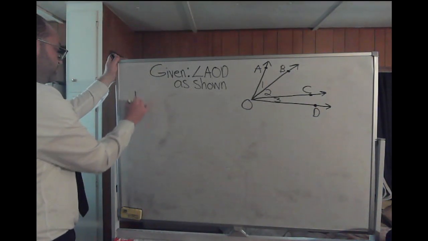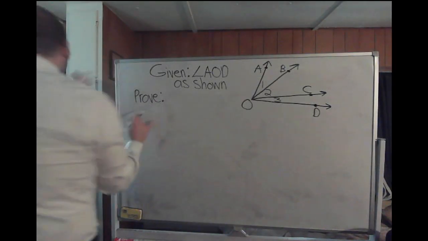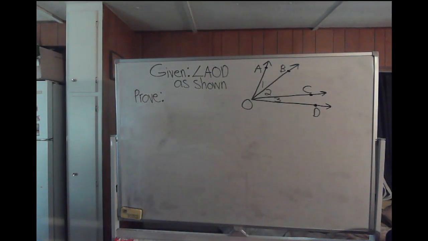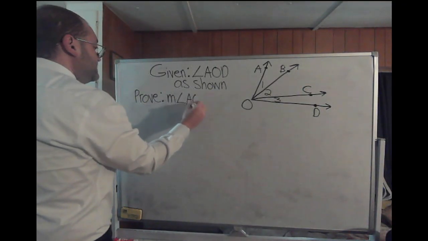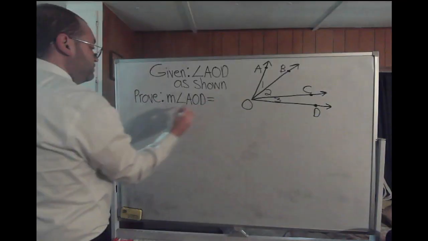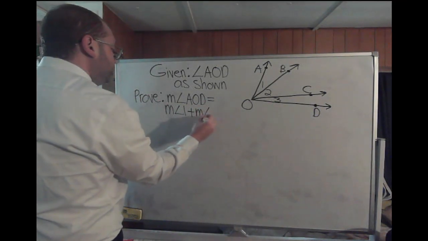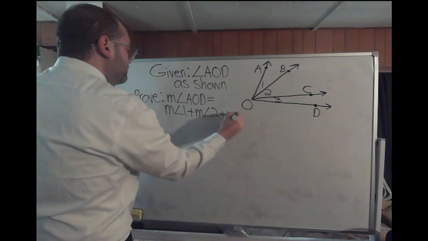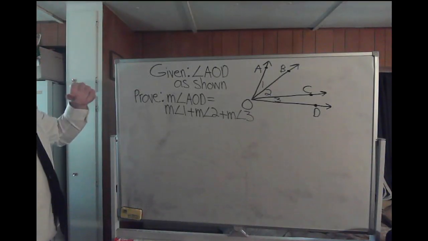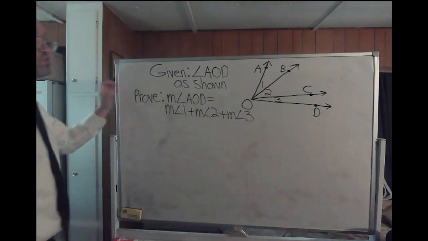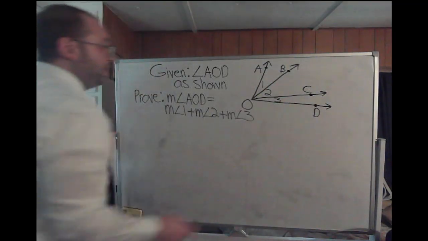We need to prove what they want us to prove, that the measure of angle AOD equals the measure of angle 1 plus the measure of angle 2 plus the measure of angle 3. Okay, so we are tasked with proving that the measure of angle AOD equals the sum of the measures of angle 1, 2, and 3.